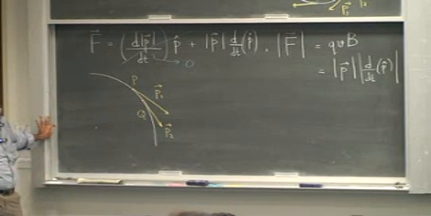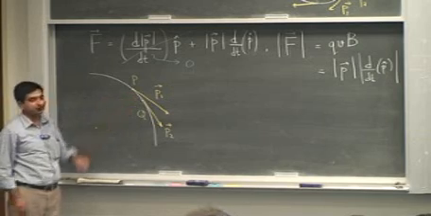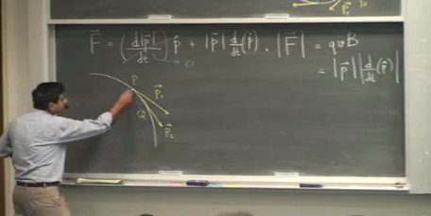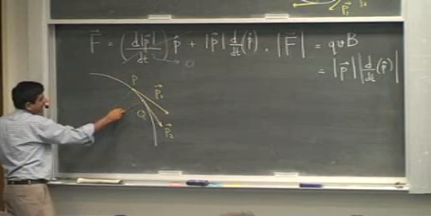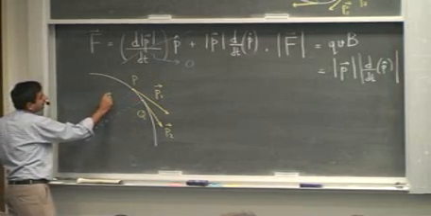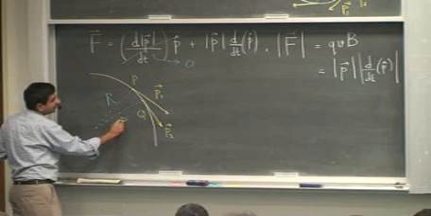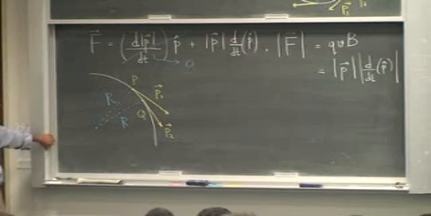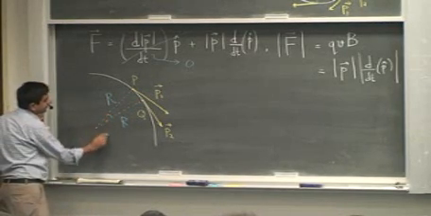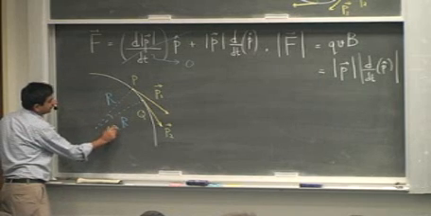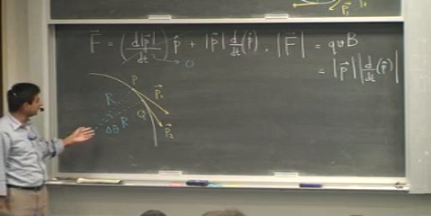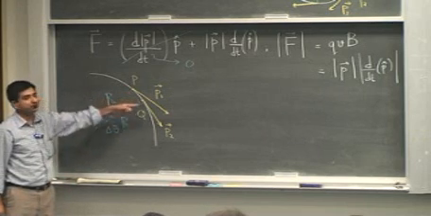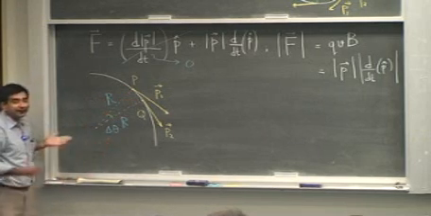So I'm taking 2 close by points P and Q. I connect these points to the origin of the circle. This is the radius R, this is R. Suppose this angle is delta theta. This is the angle the object has moved from P to Q in some time delta t.